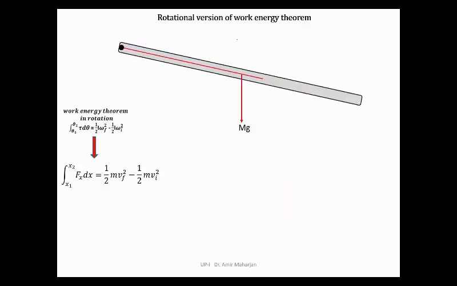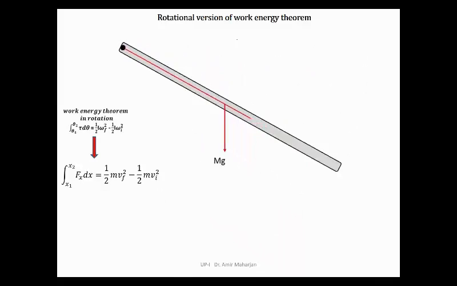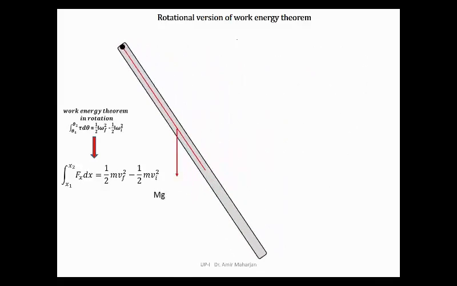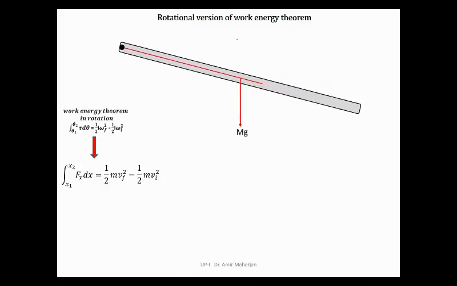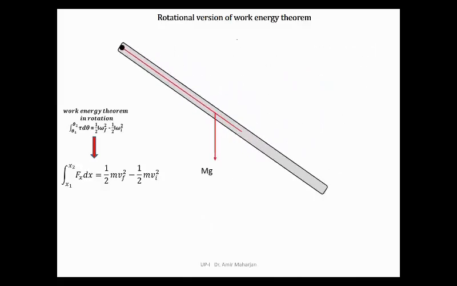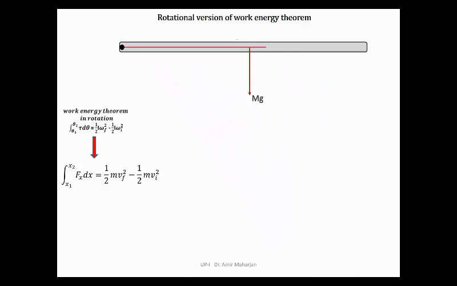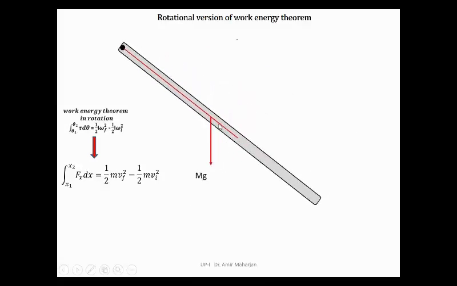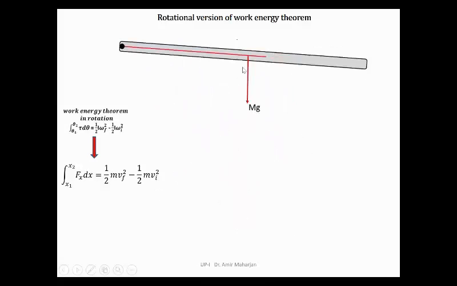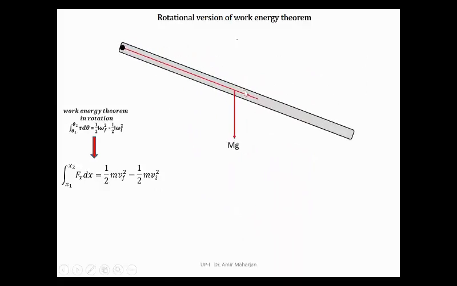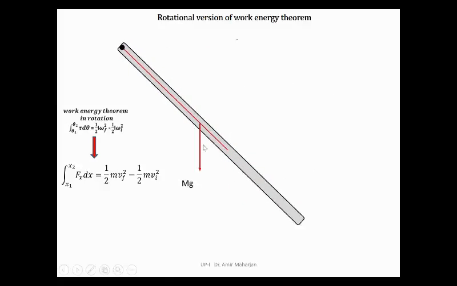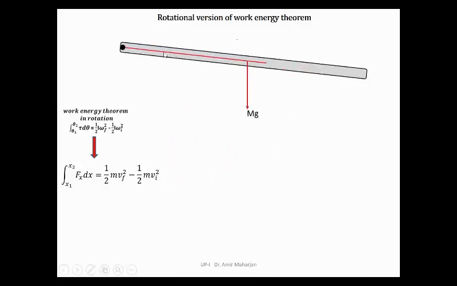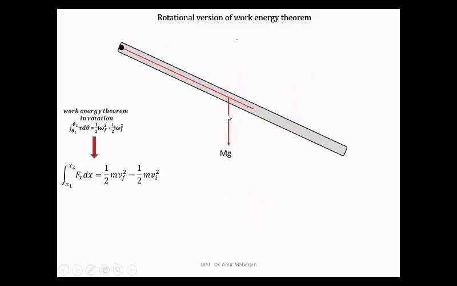In this example, a rod is pivoted at one end, and if you release it from rest, it will gain some angular velocity as it falls. Here torque is not constant, because the angle between the force of gravity, which acts at the center of mass, and the position vector is constantly changing.